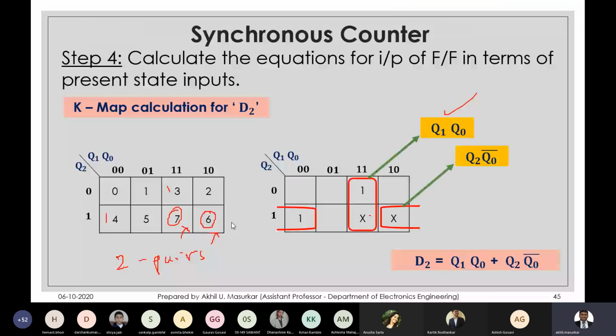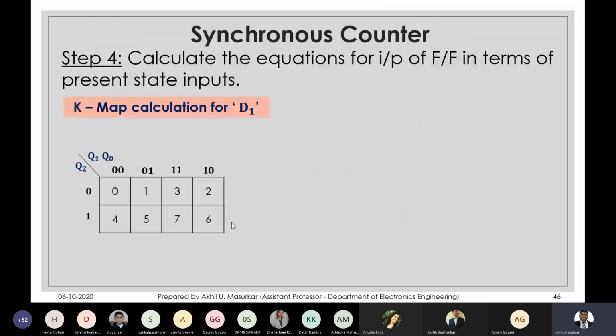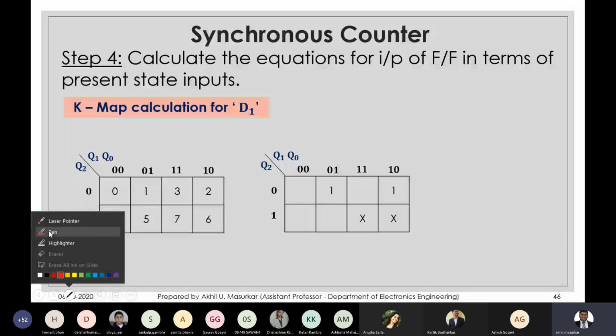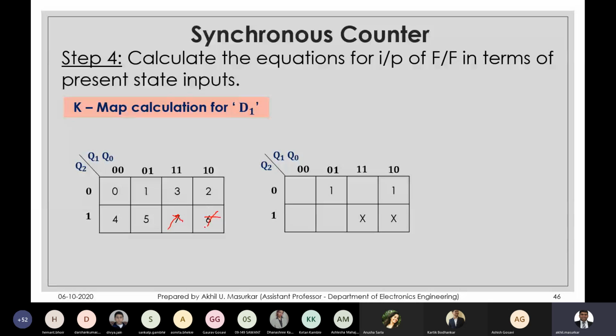This was for D2. Let's see for D1. So for D1, the K-map is like this. Again, 6 and 7 are don't care pairs, and there are ones at 0, 0, 1 and 0, 1, 0.